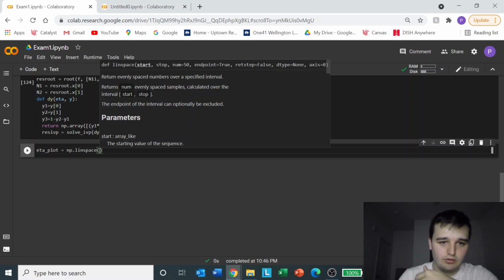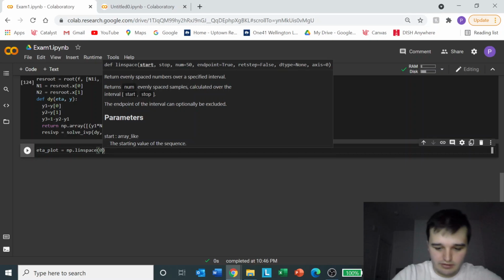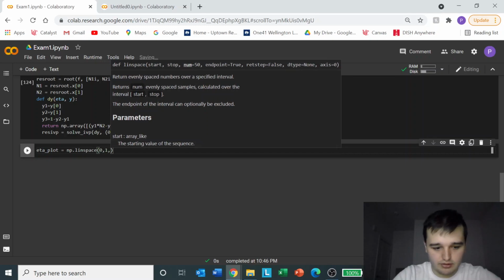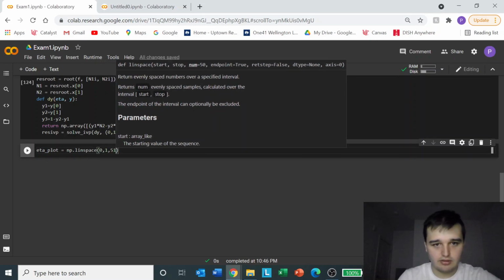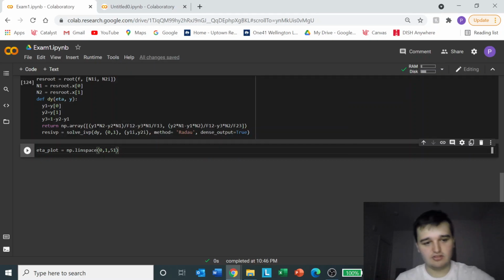So we need a start, stop, and then how many numbers. I like starting from 0, going to 1, and then 51 numbers gives you evenly spaced digits in this case. So we're going to go ahead and enter.